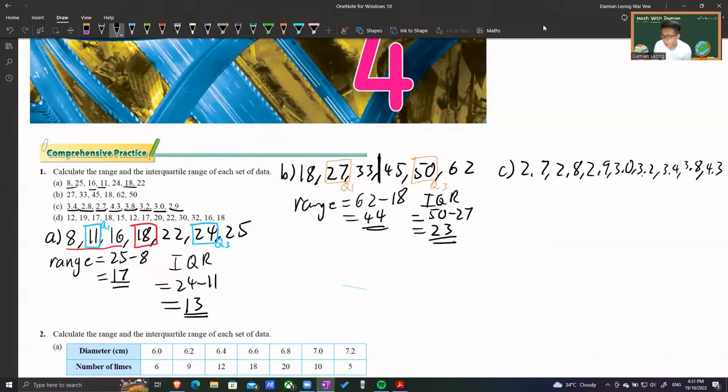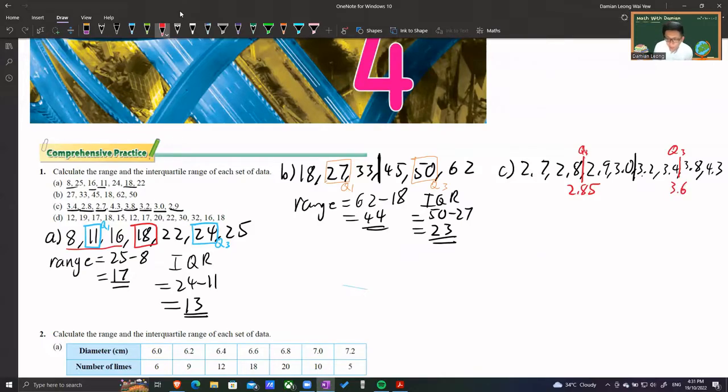Alright, so there are 8 numbers here. The middle will be in between 3.0 and 3.2. To the left of the median, the middle of it is right in between 2.8 and 2.9. So the first quartile will be in between these two, so it's 2.85, the average. Add together, divide by 2. And the third quartile is right in between 3.4 and 3.8, so 3.6.